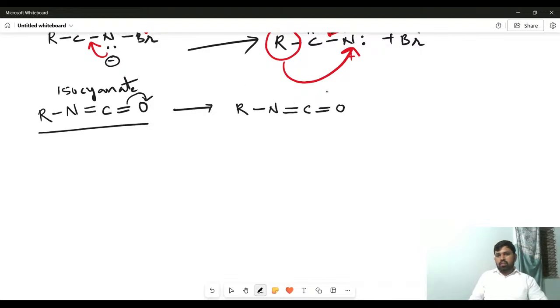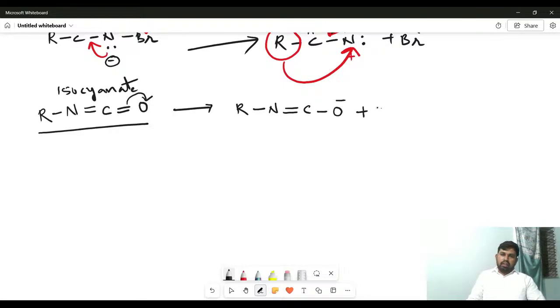Now this electron is shifted here, so it forms. Now see, for this carbon we have a single bond to oxygen and the electron is shifted here. Okay?